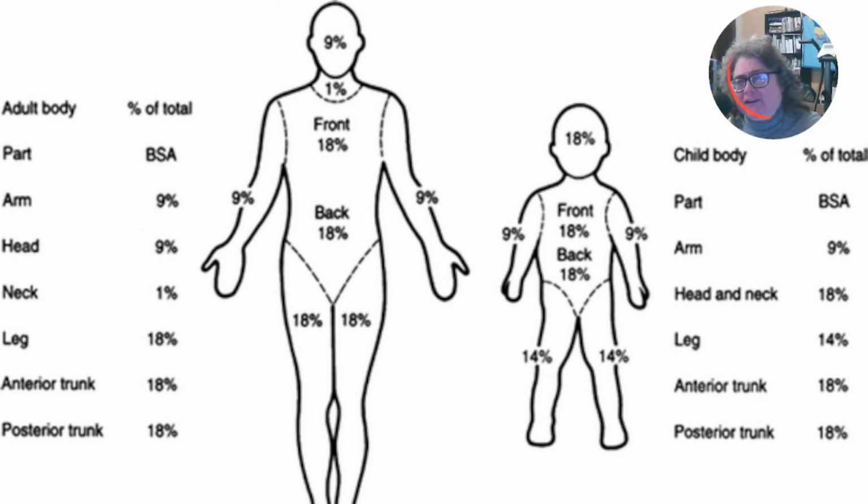Sorry, the back of his left arm is 4.5%. And his lower back. Now, his lower back, the entire back, is 18%. So his lower back would be 9%. So all we do is add that up. 9 plus 4.5 plus 4.5 is total surface area burned of his body is 18%.